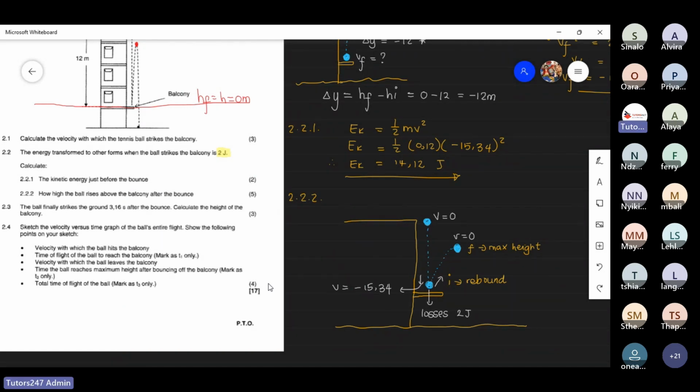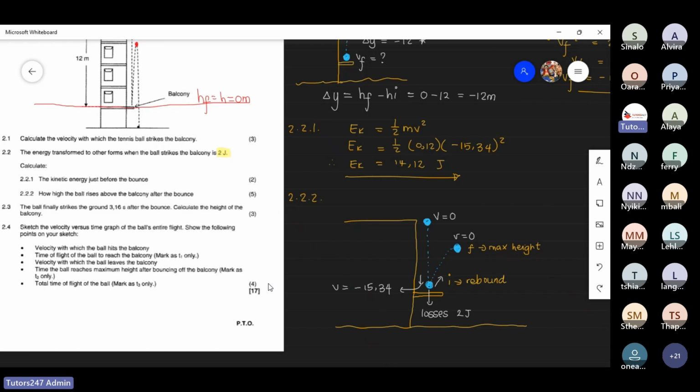So we now need to calculate the velocity with which the object leaves the balcony, so that we can use one of our 4 equations of motion to calculate displacement, because we have final velocity, which is 0 meters per second.